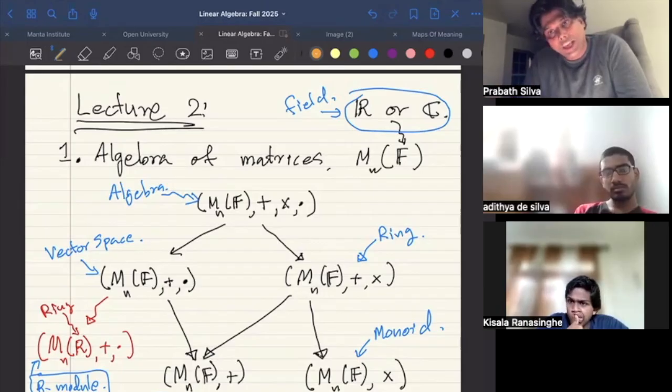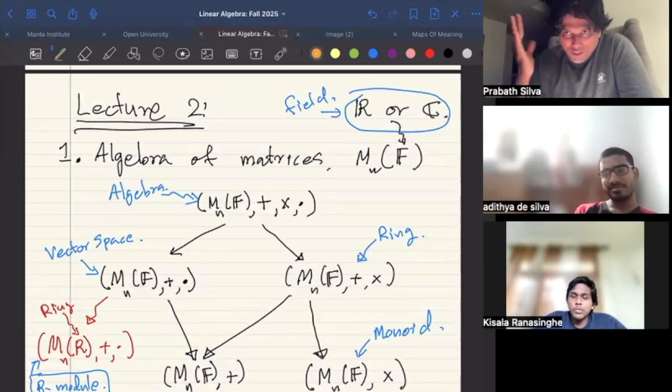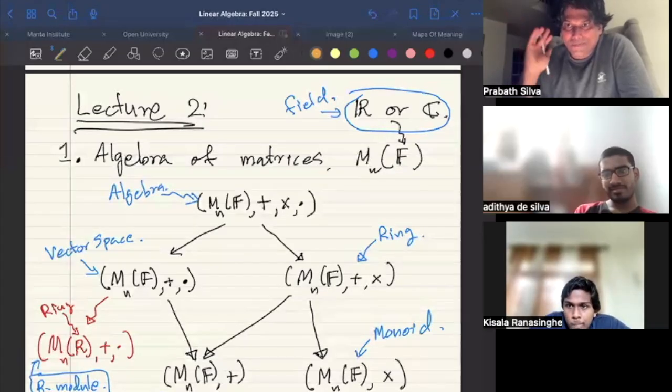And there is a claim that if some aliens come to Earth, they might not have 10 fingers, things like that, but they would have this abstract algebra.